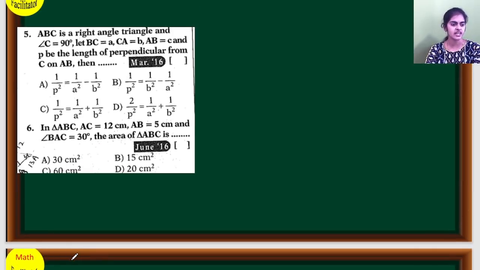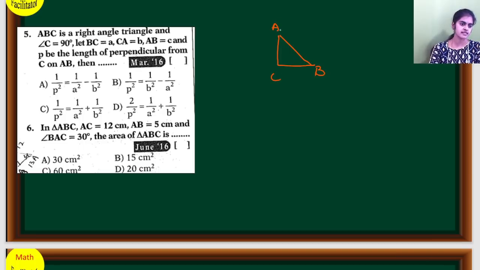ABC is a right angle triangle, right angle at B. Okay. So angle C is 90. Right angle, let's see. Angle C is 90. So let me take this as B and A. A, B, C. So BC is a and CA is b and AB is c. And p is the length of the perpendicular drawn from point C on AB.